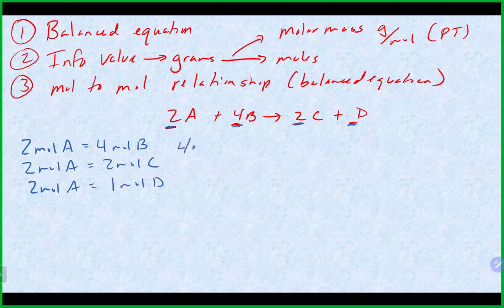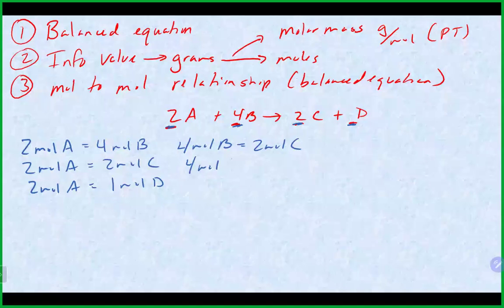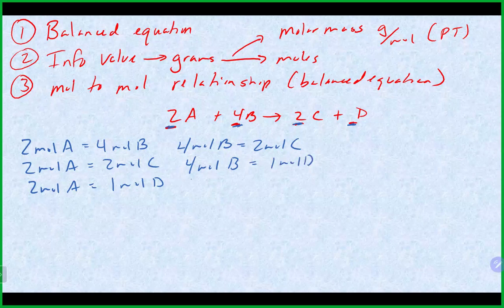So for every 4 moles of B, we produce 2 moles of C. Every 4 moles of B, we produce 1 mole of D. And for every 2 moles of C, we would also produce 1 mole of D.